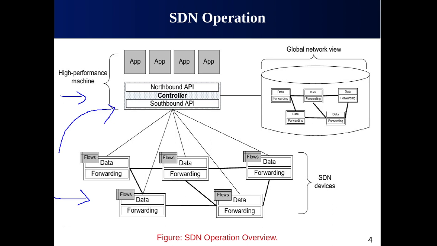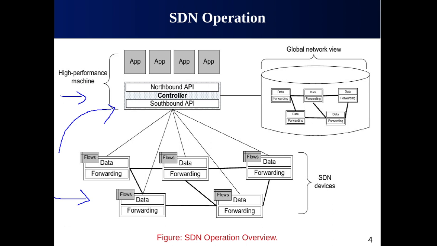Many of these protocols and algorithms require global knowledge or a global view of the network. So the control plane determines how the forwarding tables and logic in the data plane should be programmed or configured, because they are like dummy devices just forwarding the packets based on the information that they receive from the controller. So the actual brain is the controller.